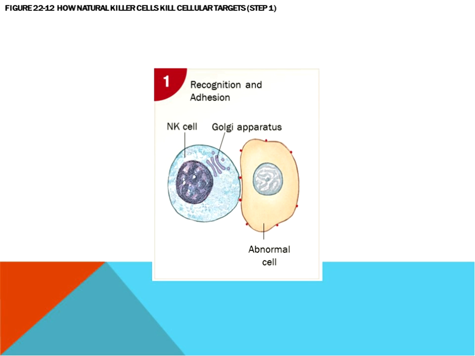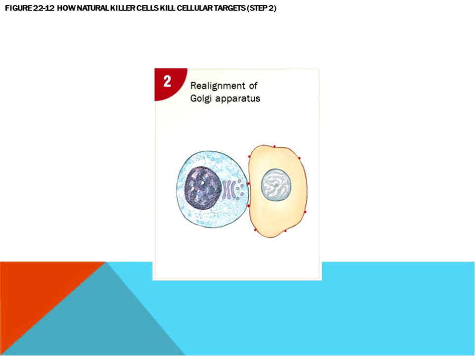So natural killer cells, remember, they are part of your nonspecific or innate defenses. They're defenses that you're born with. What they do is that they look to see if the antigens on a cell are normal or abnormal. If they're abnormal, then the natural killer cells can recognize and adhere to the abnormal cell.